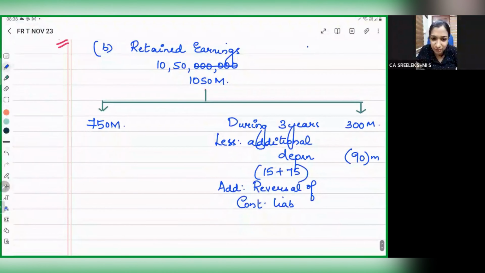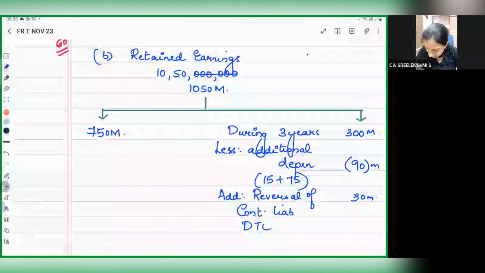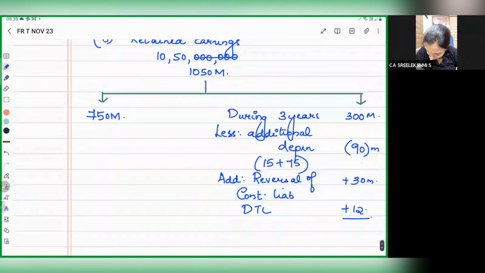Don't we all do that? Reversal of contingent liability 30 million. Reversal of deferred tax liability 12. 210. What is it? 250 million.